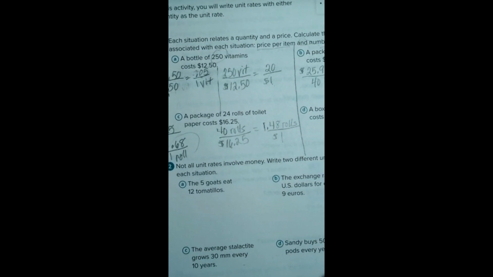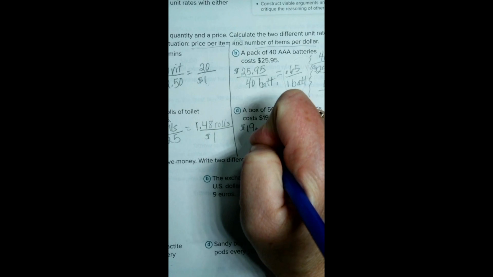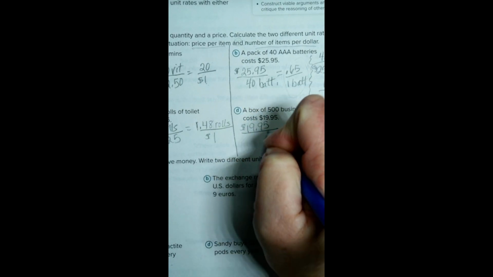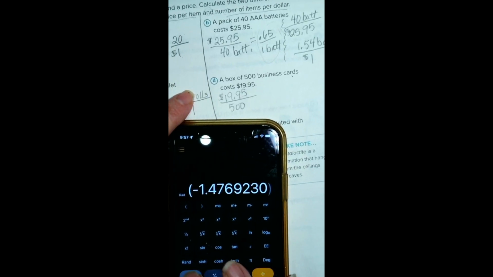Okay. A box of 500 business cards costs $19.95. So price per item, $19.95 for 500. Divide that out. $19.95 divided by 500.